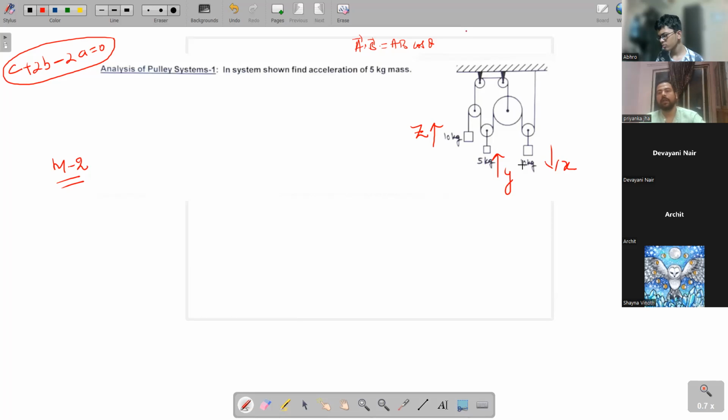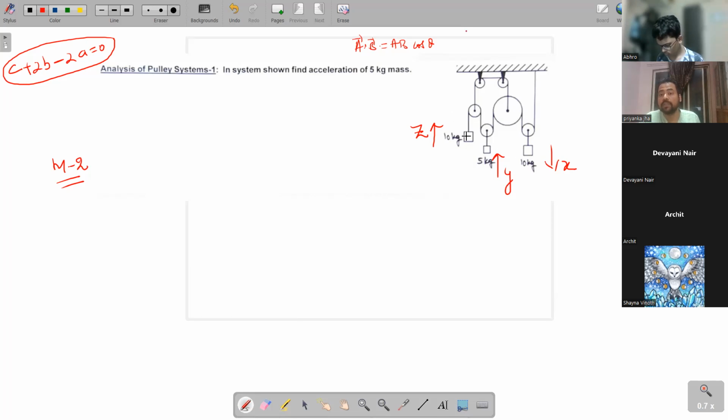Now you see one thing. See, this block goes up by Z. So because of that, every point of this string, string number 1, string 2, string 3, string 4, string 5.